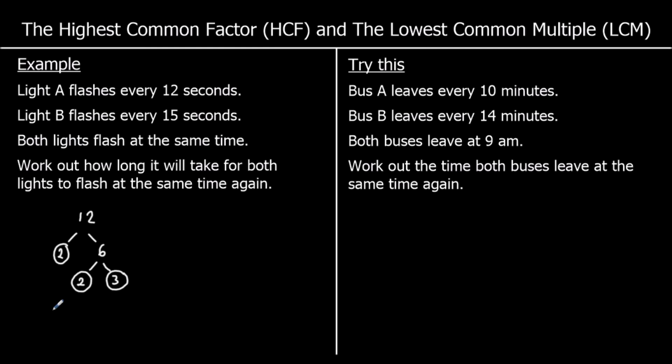So 12 is equal to 2 times 2 times 3. 15 is 3 times 5, and they are both prime numbers.